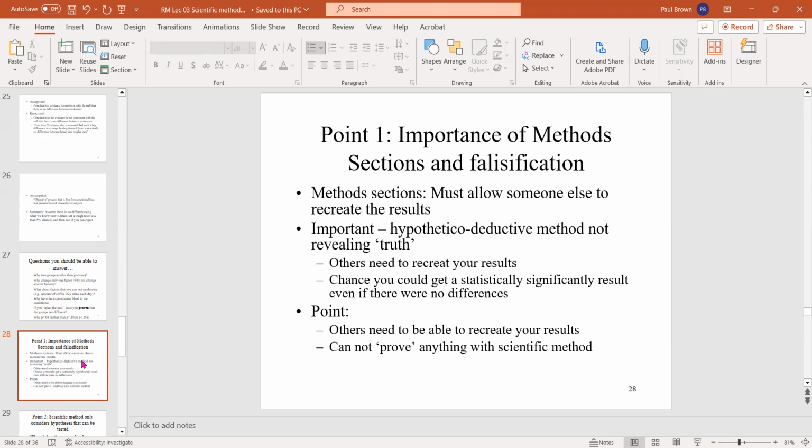If I were to say that there's no difference between Manuka honey and standard care, but I kept doing the study, how likely would it be that I would finally get a sample that looked like they were different, even if there was no difference? 1 out of 20, right? 1 out of 20 times I would get a sample that showed there was a difference.